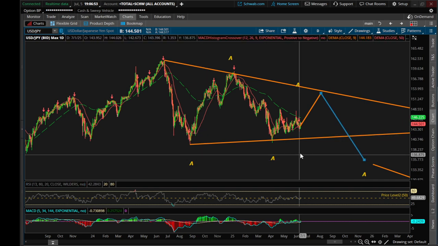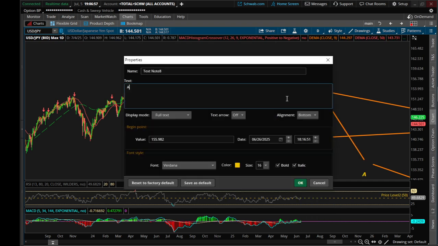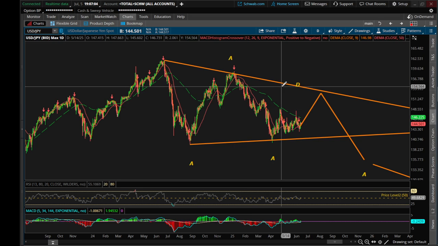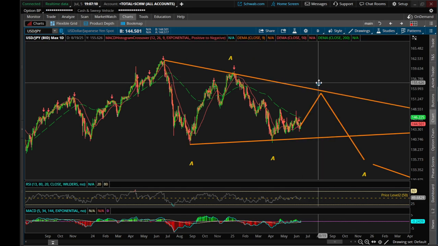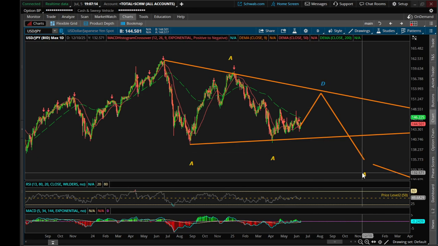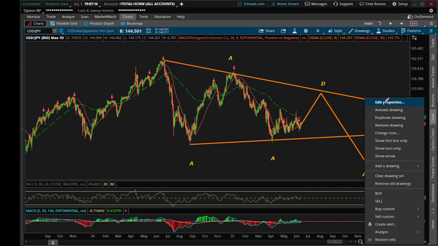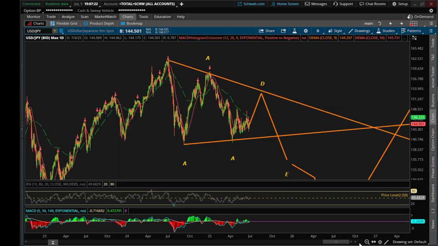So A, B, C, D. I'm not going to label all these. You get the idea. Zoom out.